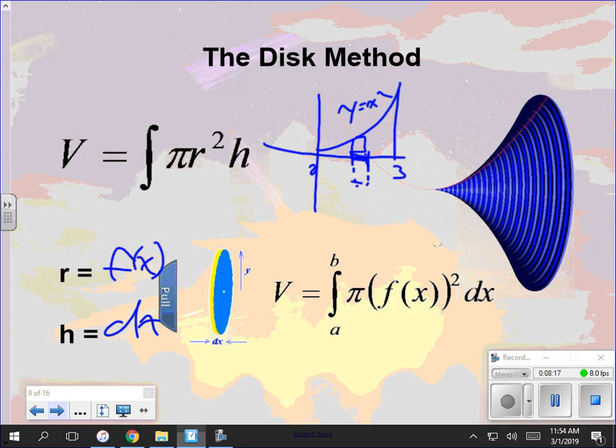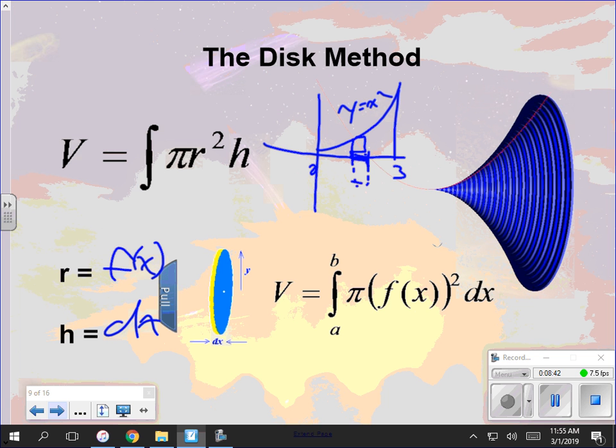Now, it's only f of x if the x-axis is our boundary of rotation. If the x-axis is not our boundary of rotation, it is not f of x. It changes accordingly. We will do some examples to change accordingly. We might be doing it around the y-axis, in which case it would be f of y.